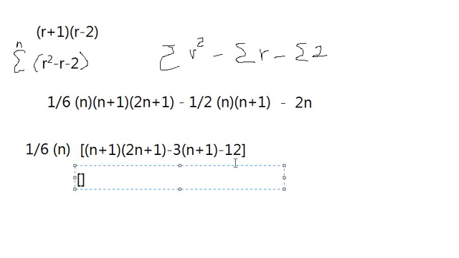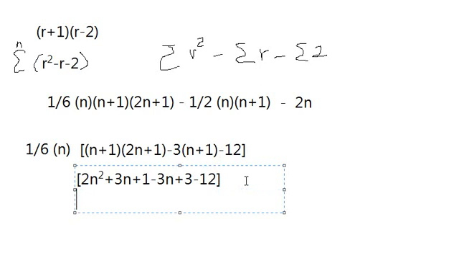And n plus 1 times 2n plus 1, you have to expand that thing to get to n squared plus 3n plus 1, then minus 3n plus 3 minus 12. This is the entire thing expanded, and now you try to factorize everything.